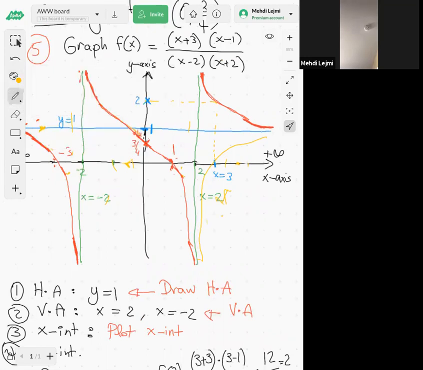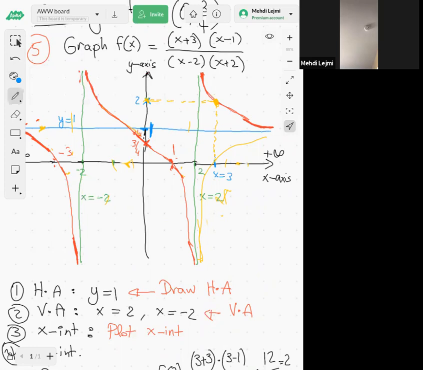So my graph cannot be the one in the bottom, because the output when x is equal to 3 is above the horizontal asymptote, not below it. My horizontal asymptote is at height 1, so f of 3 is supposed to be above the horizontal asymptote.